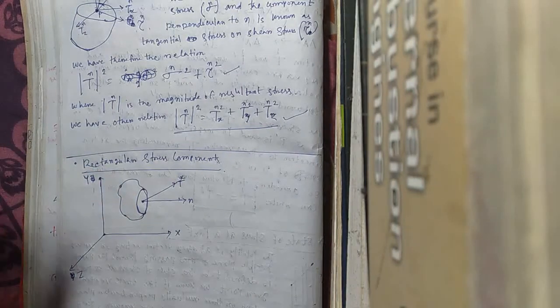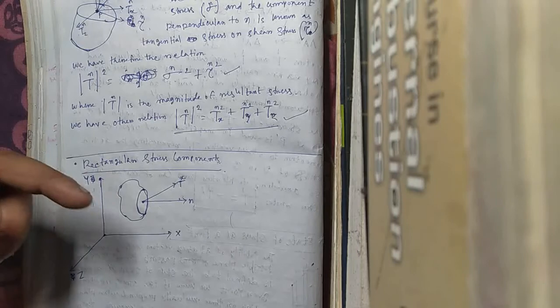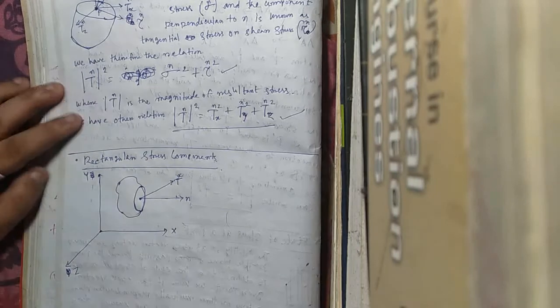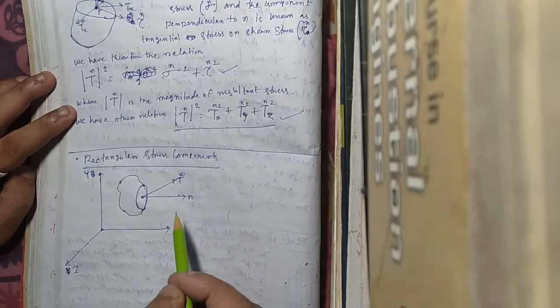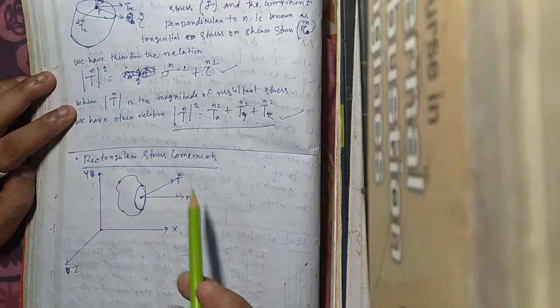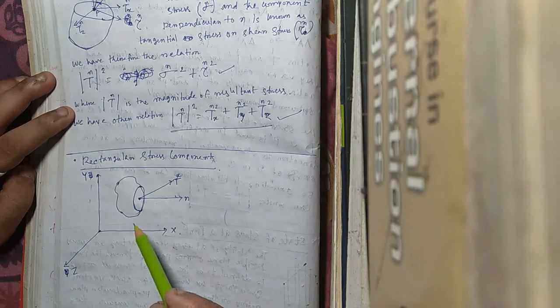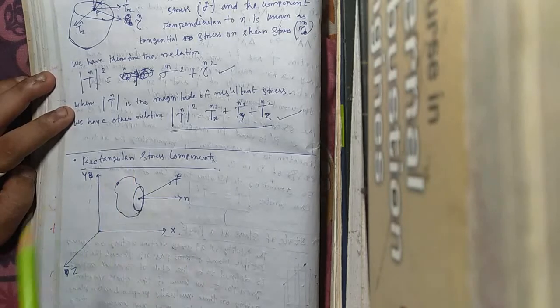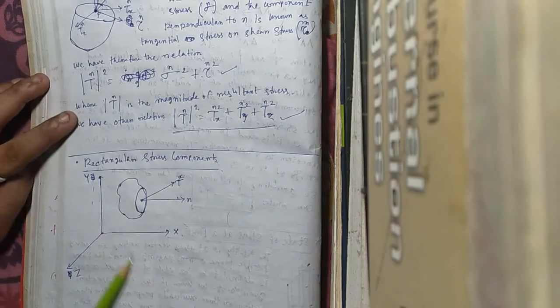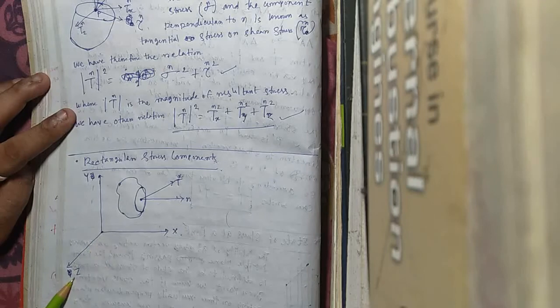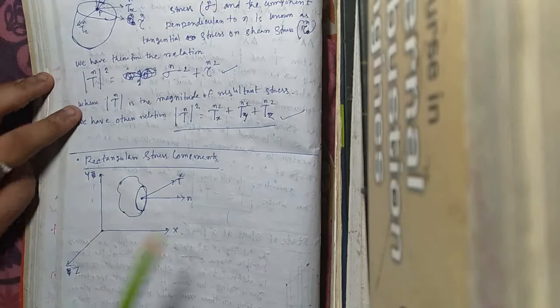If an axis is normal to a plane, means if the x-axis is normal to the yz plane, then the yz plane is also called plane x. Similarly, from this diagram you can see that the z-axis is normal to the xy plane, so the xy plane is also called the z plane.